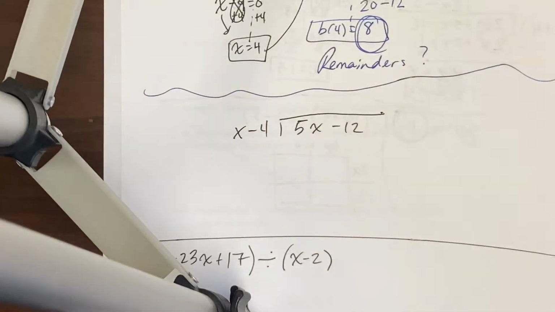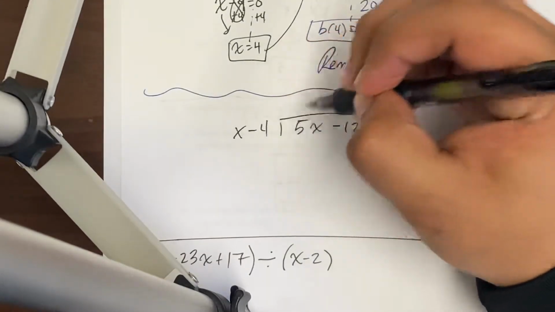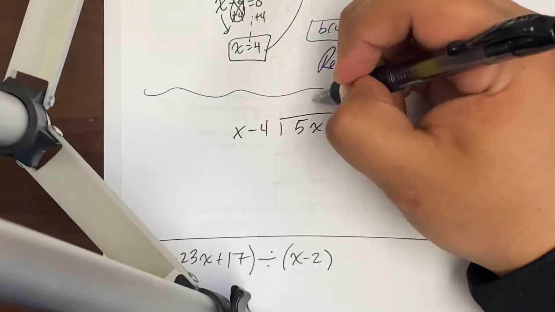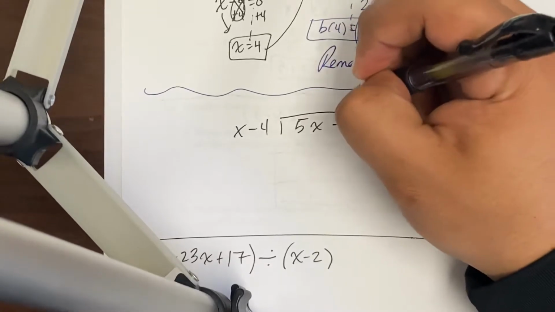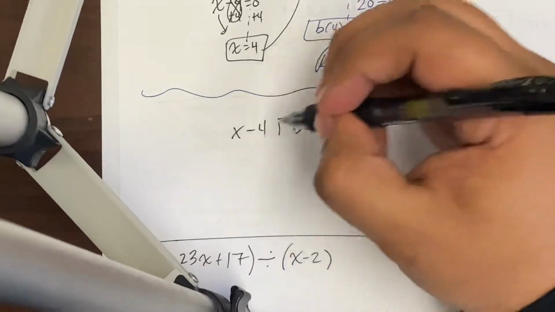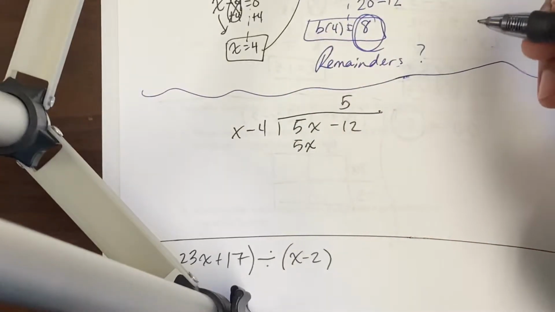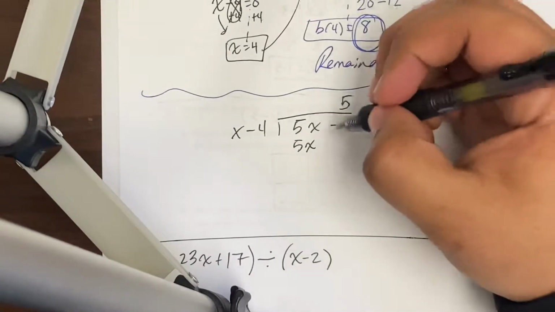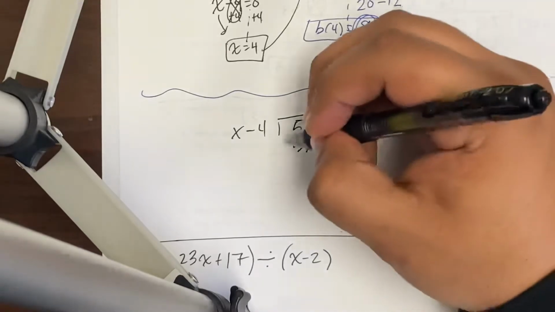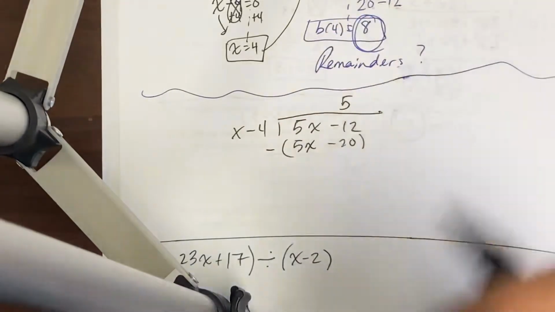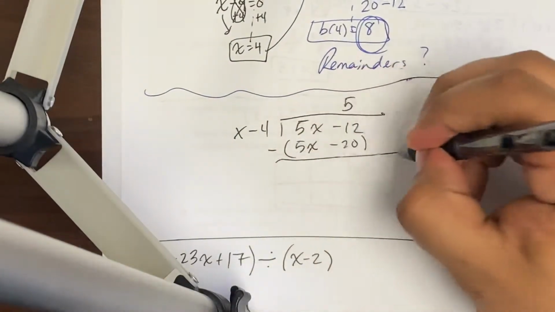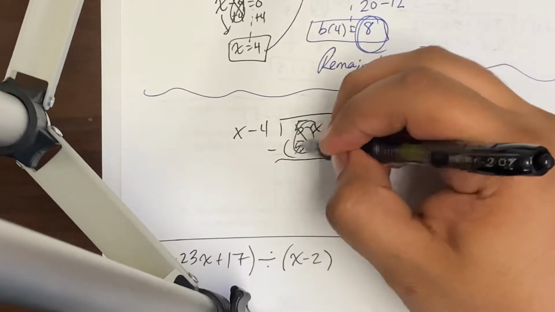I apologize. Something times x gives me 5x. 5 times x is 5x. 5 times negative 4 is negative 20. There you see it's about to become 8. 5x minus 5x, that's a 0.